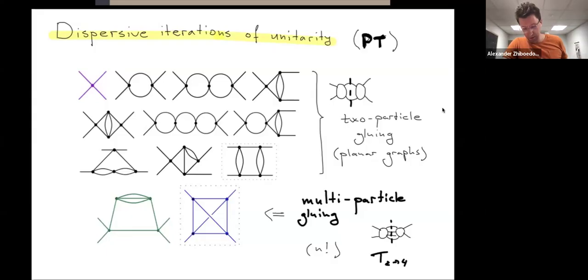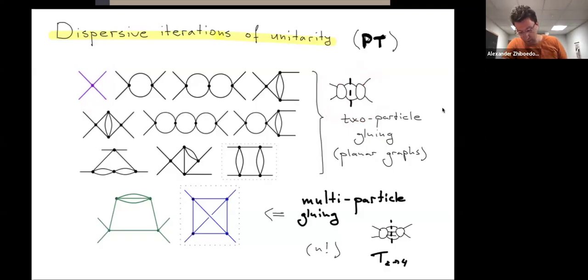Now, you see that if you have this 2-particle gluing operation, you take the object we are studying, and this is a 2-to-2 scattering amplitude on the left and on the right. And so this is something which, if you're hoping to solve it, that's fine.